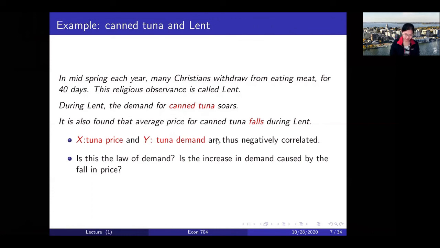Well, not necessarily. One complication is that in the period of Lent, people's demand for tuna increases regardless of price, because Christians cannot eat meat and they want to look for meat alternatives like tuna. That complicates the relationship. So the observed relationship is not necessarily the response of tuna demand to a change of price.